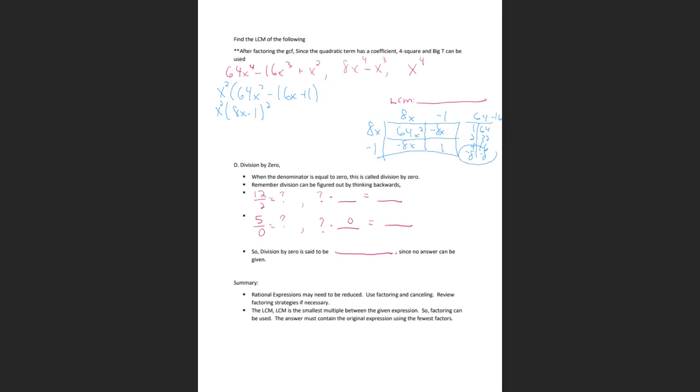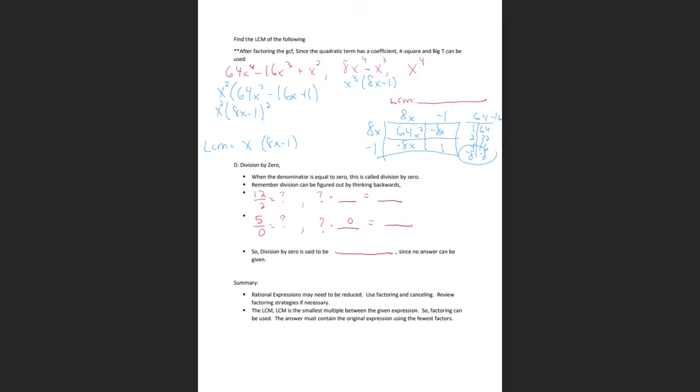If I factor this one out, I have an x to the third comes out, and I have an 8x minus 1. And x to the fourth is just an x to the fourth. So if I'm doing the LCM, all you have to do is really identify the different factors. So I see x's, and I see 8x minus 1's. Those are my different factors that I see.